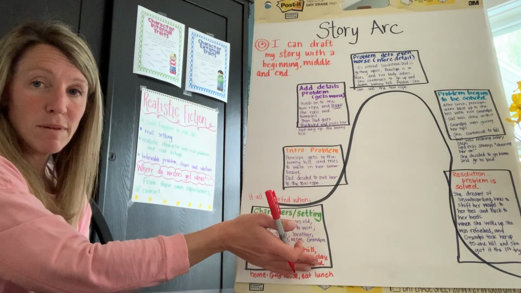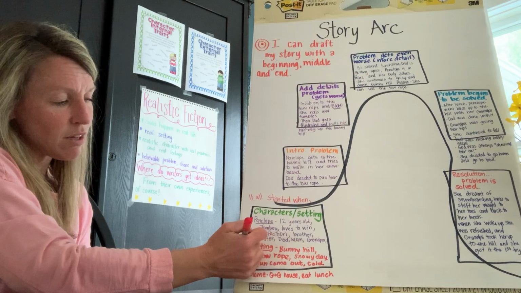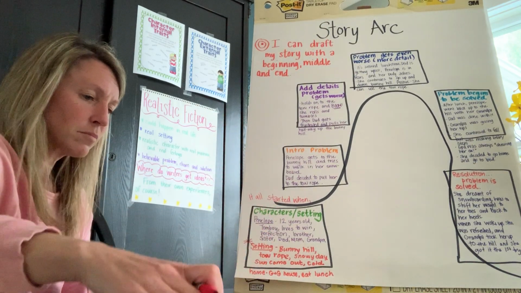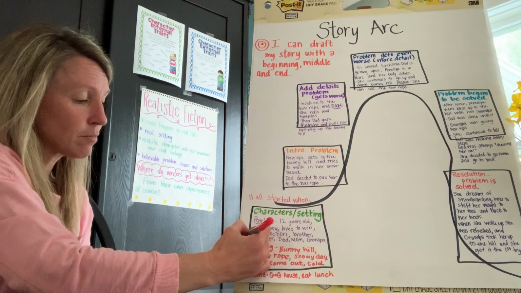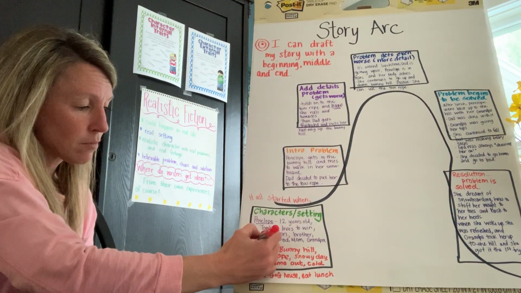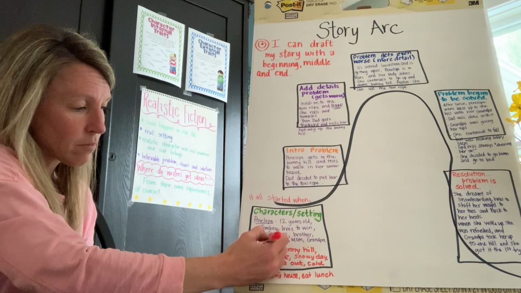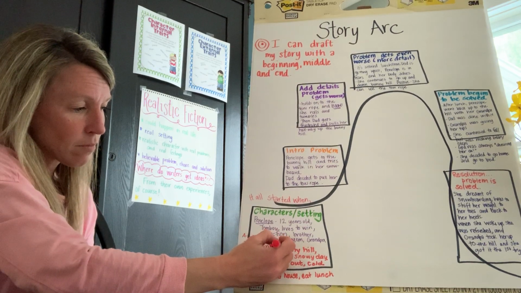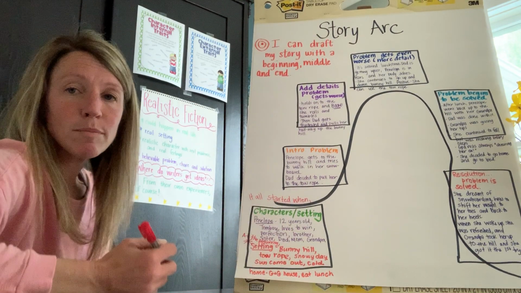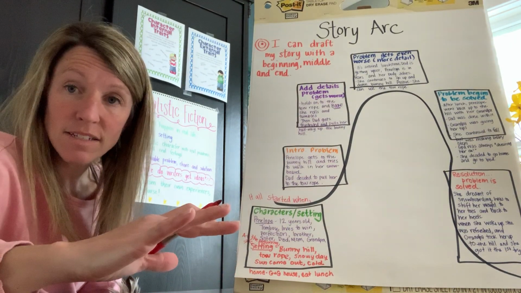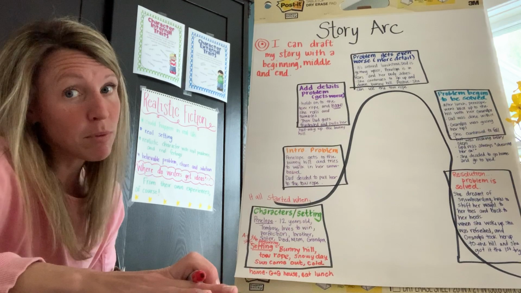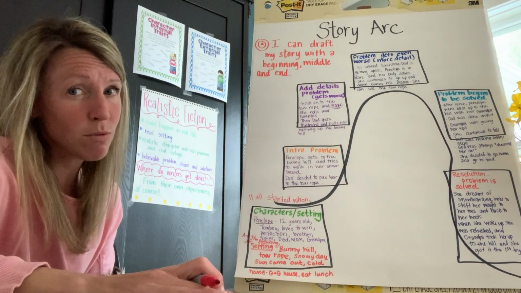Then I'm going to tell you about my setting, which is kind of a paragraph in itself. So I could say at the beginning, I pulled up to the bunny hill, and I'm going to tell you all about the bunny hill, how it was flat and there weren't many people on there. The people that were on there also didn't know what they were doing.